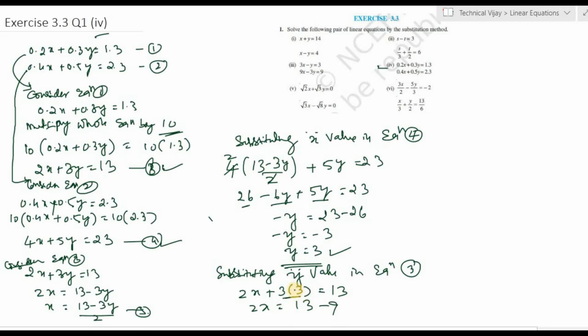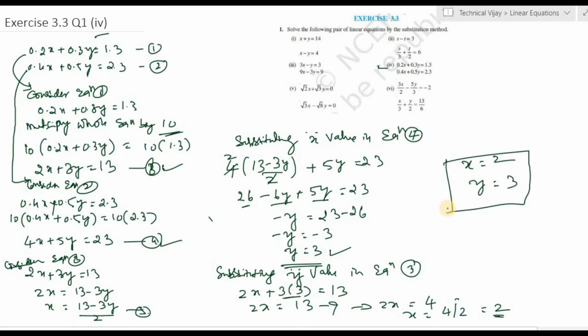This 3 into 3, 9, comes to the RHS. So 2x is equal to 13 minus 9, which means 4. x is equal to 4 divided by 2, which is equal to 2. So x is equal to 2 and y is equal to 3. These are the values. Okay, we will go for the next one.